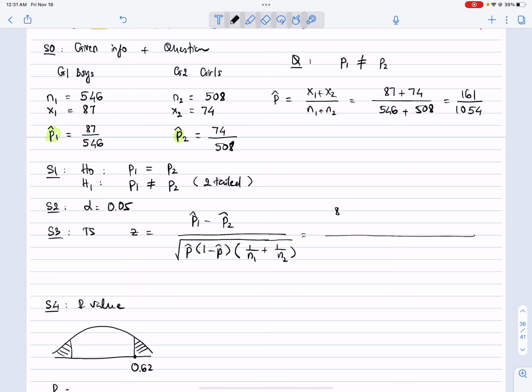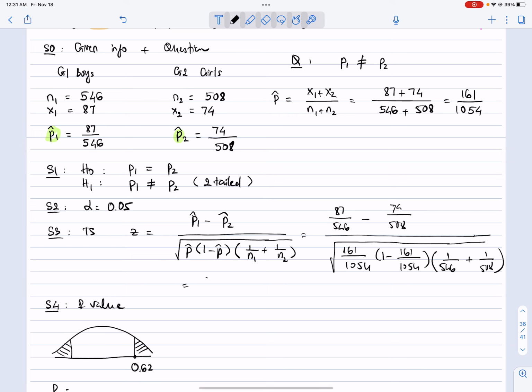So we have 87 divided by 546 minus 74 divided by 508, and then divided by the square root of P hat, which is 161 over 1054, times 1 minus 161 over 1054, times the parenthesis 1 over n1, which is 546, plus 1 over 508.